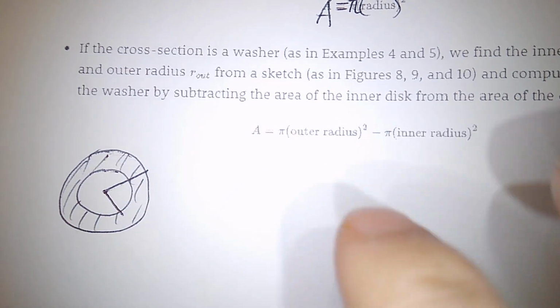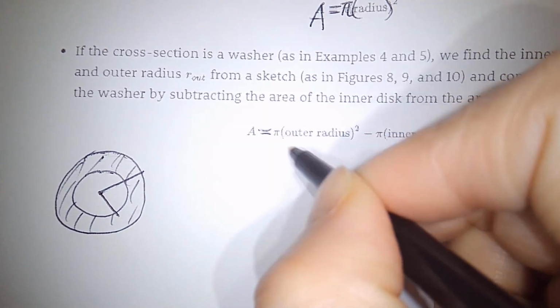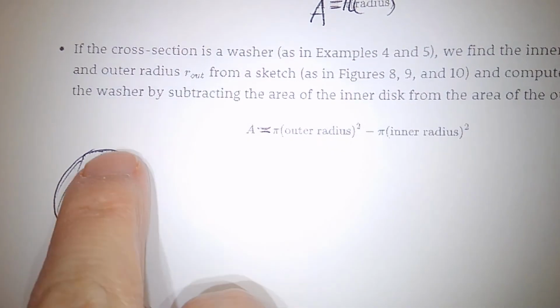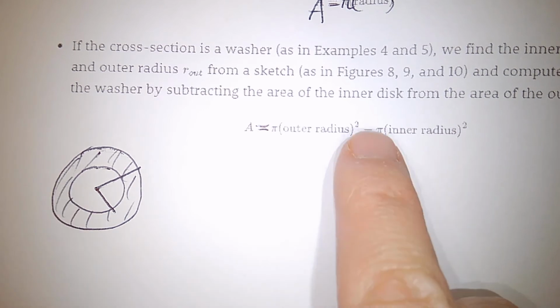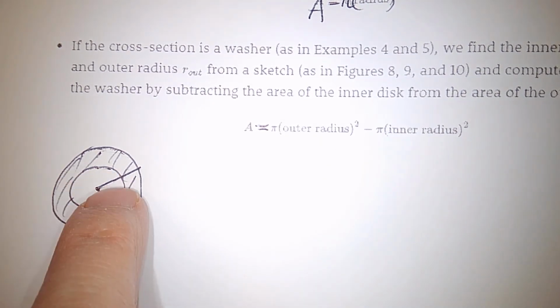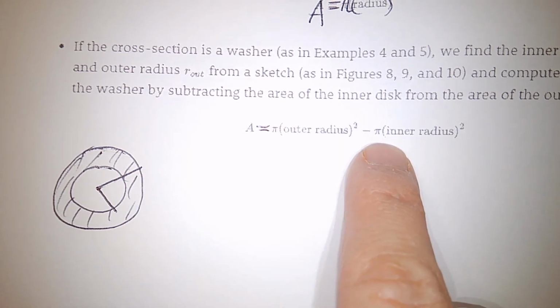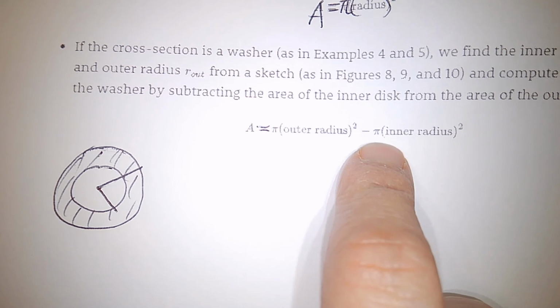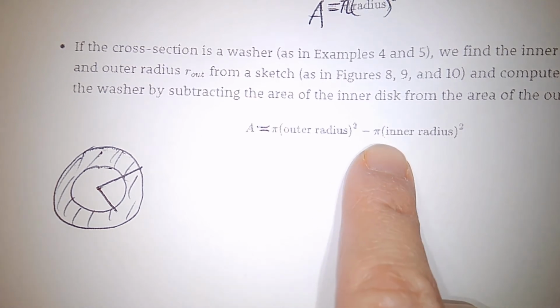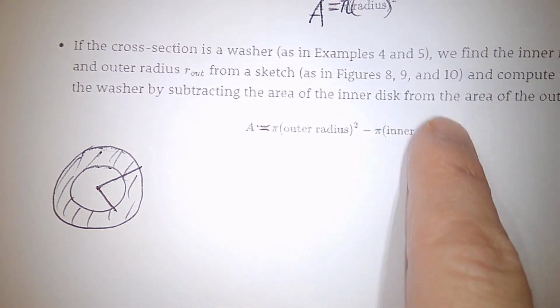So the area for the washer should equal pi times the outer radius squared, which gives us the area of the outer circle, and subtract pi times the radius of the inner circle squared. That gives us the area for the washer. You guys know how to find the area for a washer? Everybody? That makes sense, right? Area for a washer means pi times outer radius squared minus pi times inner radius squared.